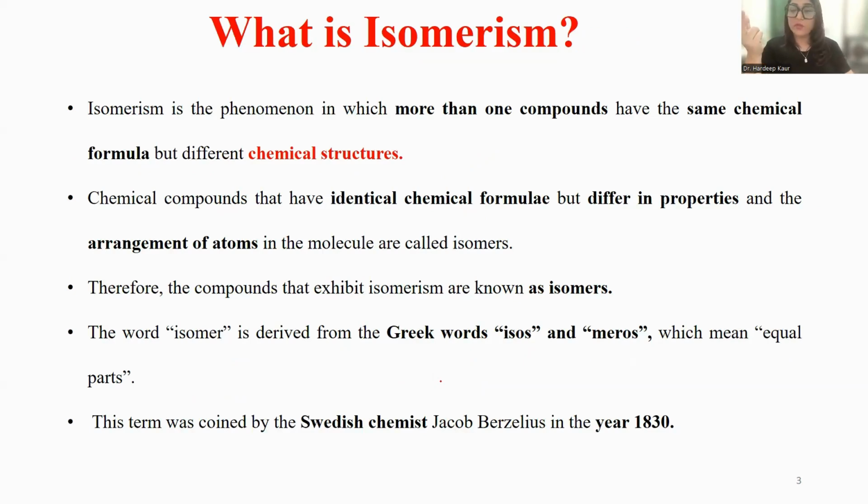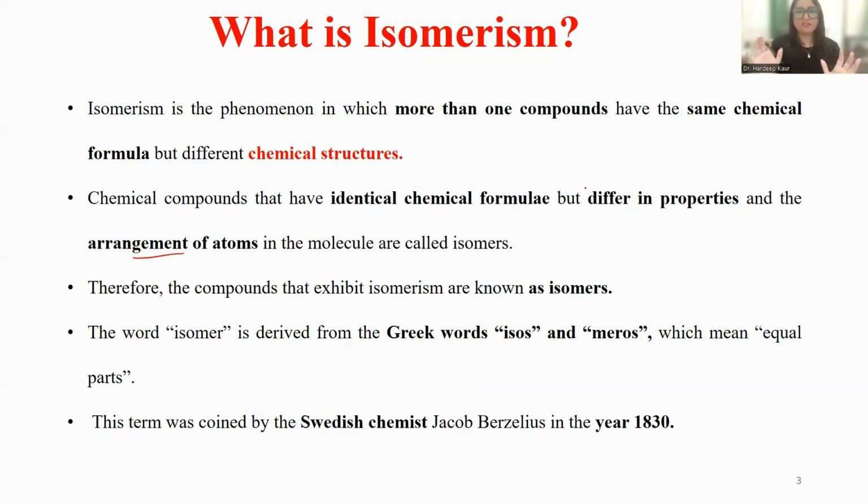But in today's topic, we are going to talk about isomerism. Basically, what are isomers? They have the same molecular or chemical formula but different structures. Why are they different? Because the arrangement of atoms is different in the two compounds.